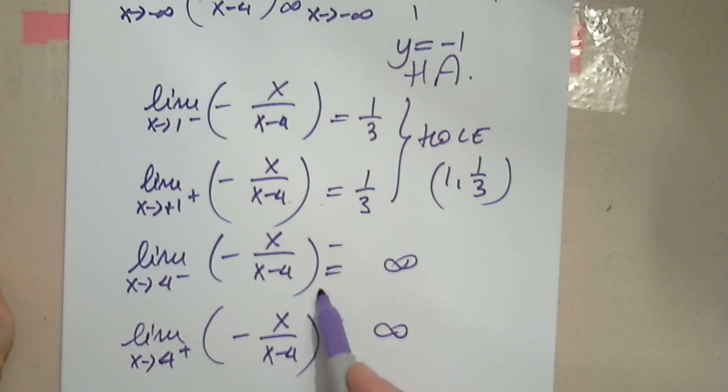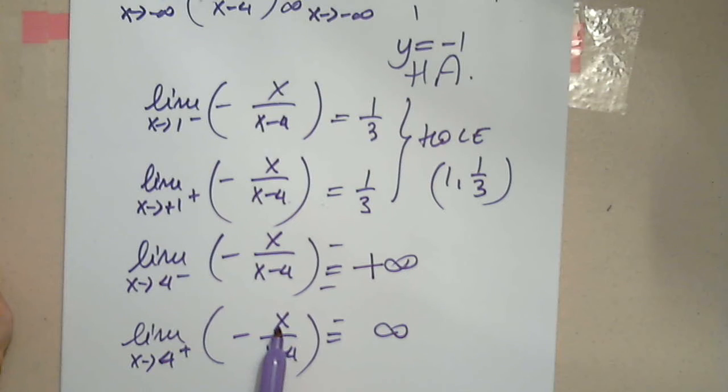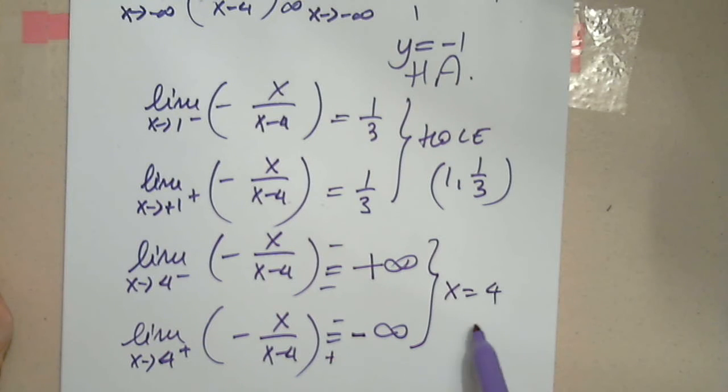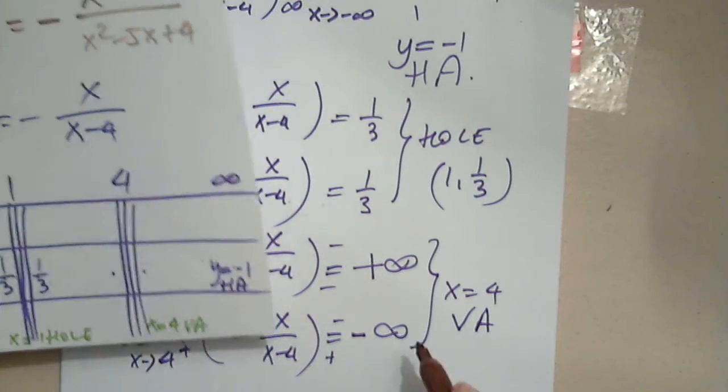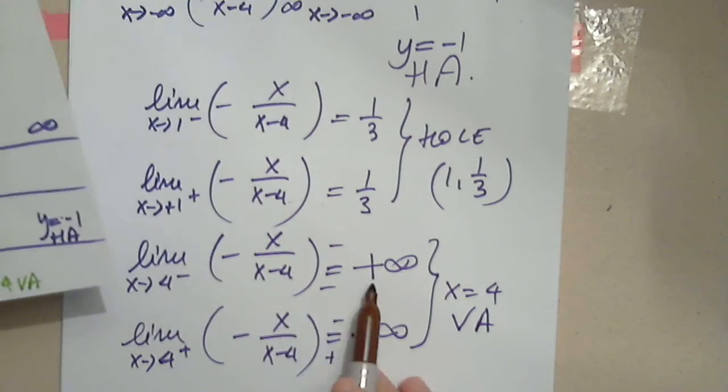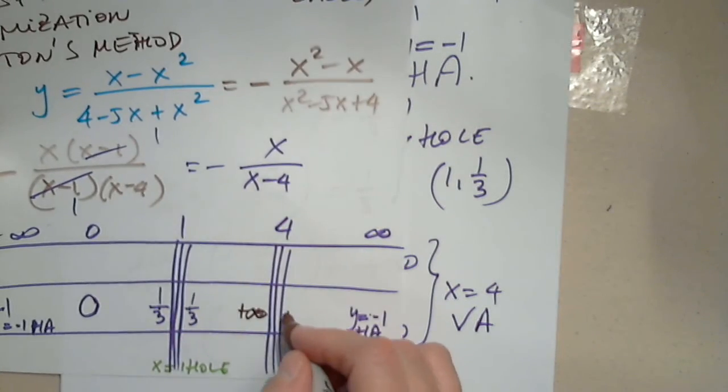So this is also negative, so this is positive. 4 from the right, still negative at the top, but positive in the denominator, so that's why x equals 4 is a VA. This is what we did a long time ago, in chapter 2, I believe. Okay, so I have positive on the left hand side and negative on the right hand side.